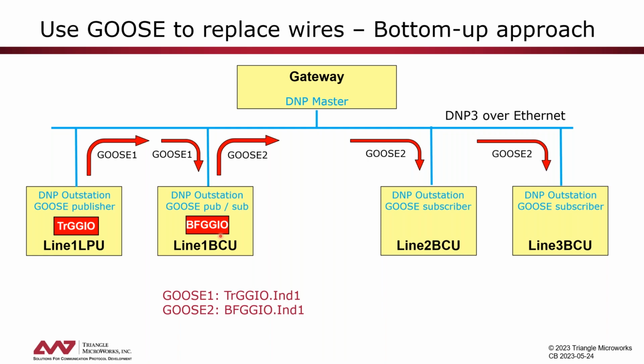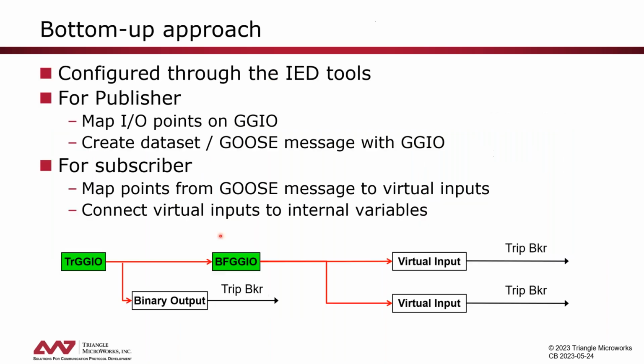To design such a system, we have basically 2 approaches that we can apply. The first approach, what I would call a bottom-up approach, would be that we simply configure with the IED tools for these devices that are able to speak both DNP3 as well as 61850, their GOOSE messages.